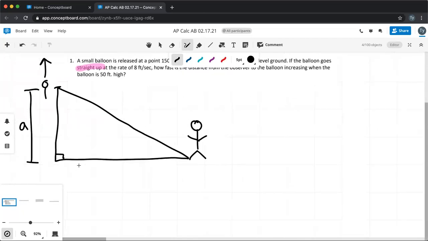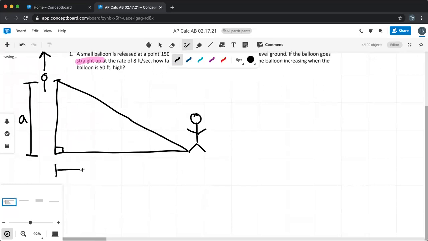So this distance here is always going to be 150 feet. It's not going to change as the balloon rises.